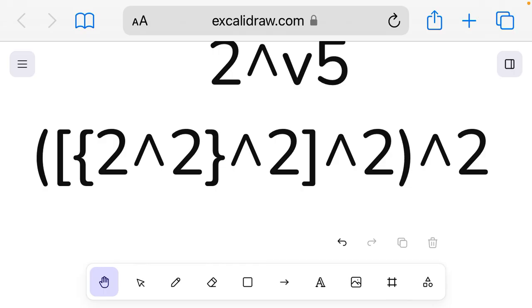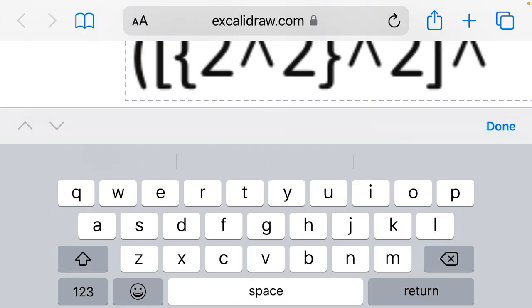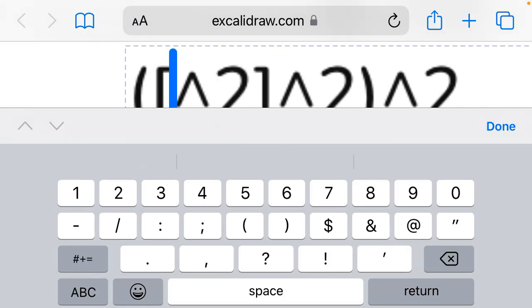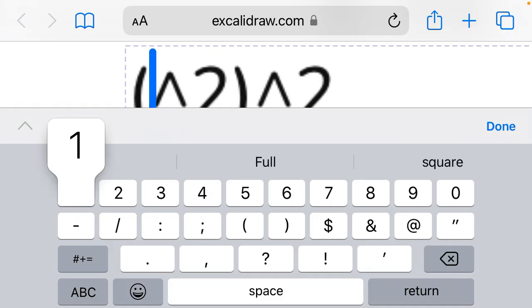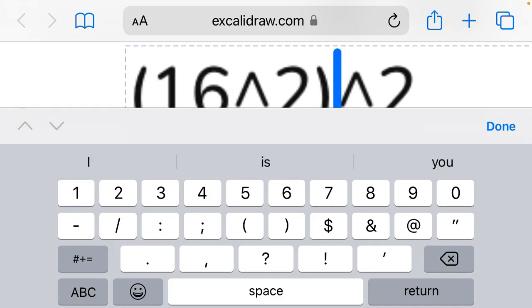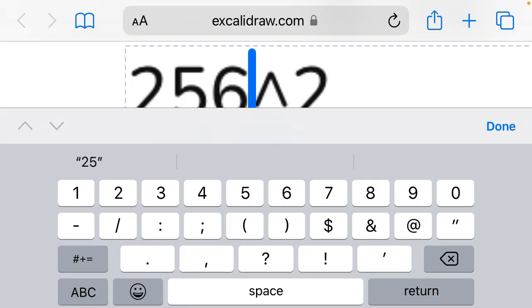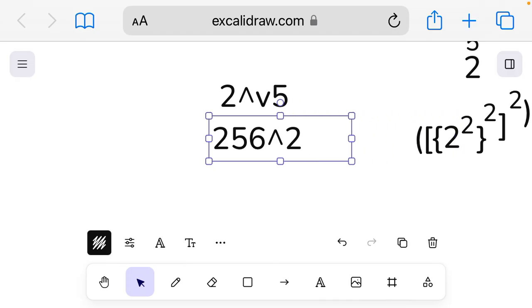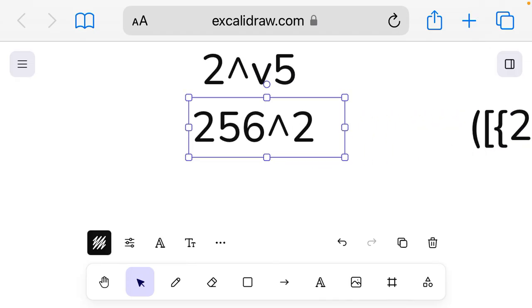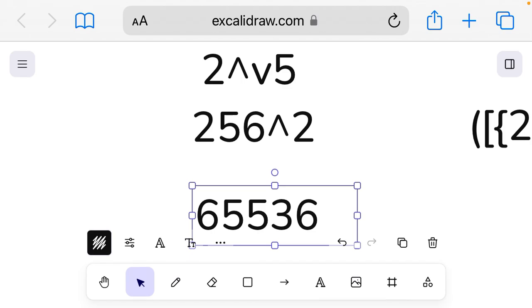All you do is start with the innermost brackets. So we have 2 squared first, which is 4, and then 4 squared, which is 16, and then 16 squared, which is 256, and then finally 256 squared, which is 65,536.